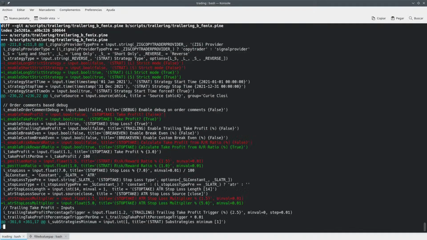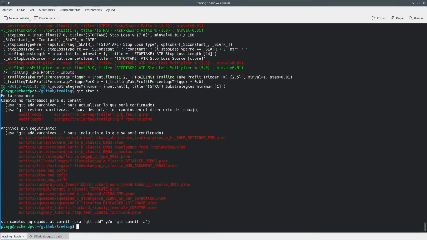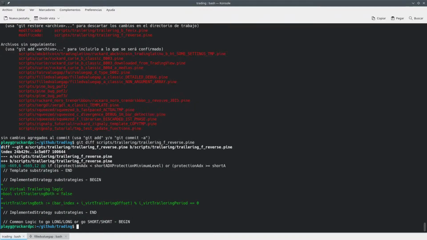So let me check what we have so far. Okay, so we have this, which is using these new variables to know if we need to do something or not with this.